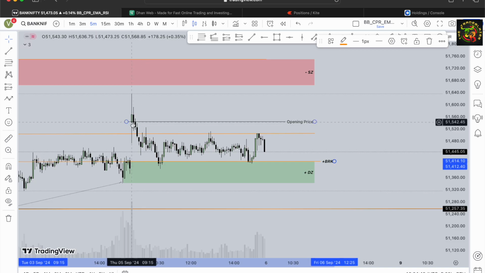The plan is to average if the price comes down to touch this demand zone. So I have averaged here and here. I am not going in with my whole quantity at the same time, but splitting it into multiple quantities and adding. By the time I reach the demand zone, that would be my maximum quantity. So that was the plan.